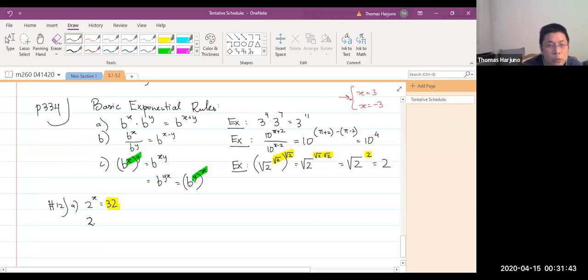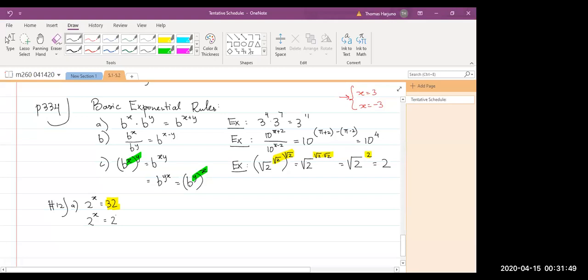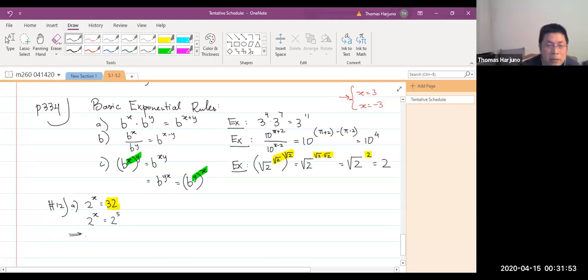That's 2 to what power? 5. 2 to the 5th. Because they have the same base, and the base is not negative and not 1, the exponents must be the same. Okay, that's for part A.